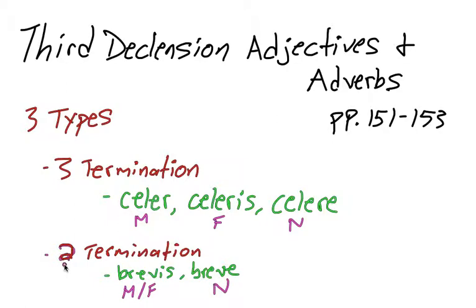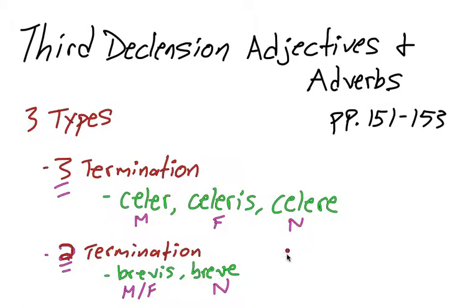Okay, so it's two termination because it has two different parts to the vocab entry. The first one signifying masculine and feminine, same form, and the second one, breve, would be neuter. Okay, contrast that with the three termination. There's a separate form for masculine, feminine, and neuter.